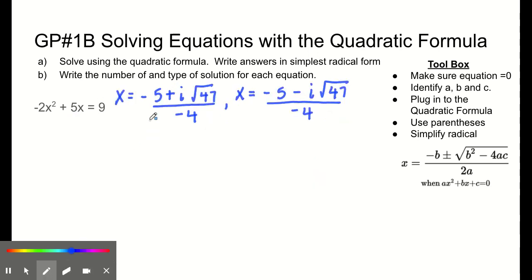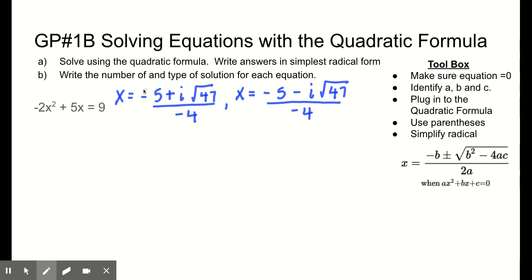Now notice that for both of these solutions, the numerator and the denominator both begin with a negative. We don't want to leave all of those negatives happening in this case. So what we want to do here is, again, go back to that numerator, and we want to divide out the negative as a GCF. Now, again, this is only the case when your denominator and your numerator both have that negative out in front.